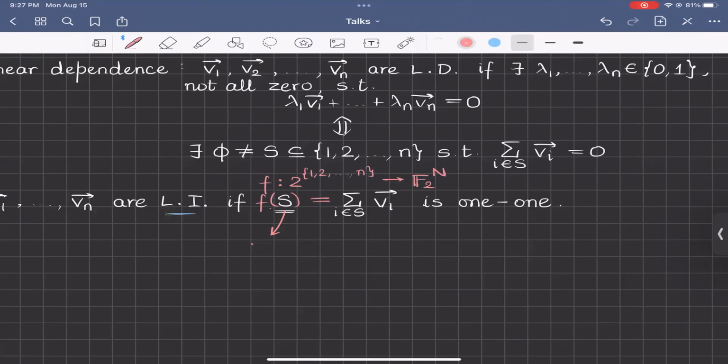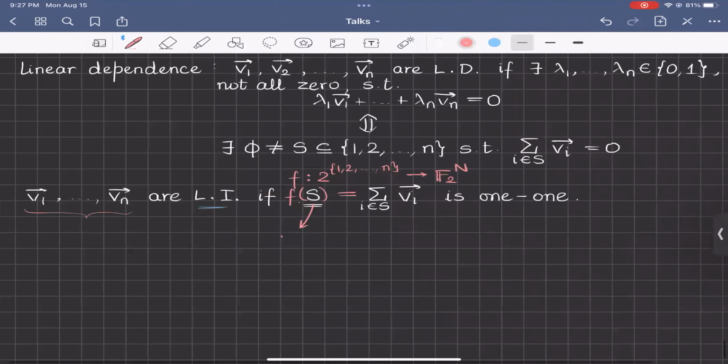Basically, I'm just taking all possible subset combination sums, and I'm saying that they must all be distinct for linear independence, and it's enough. For example, if n is 2, then I'm saying that the 0 vector, v1, v2, and v1 plus v2, the 4 distinct sums, are distinct if and only if v1 and v2 are linearly independent. Is that clear?